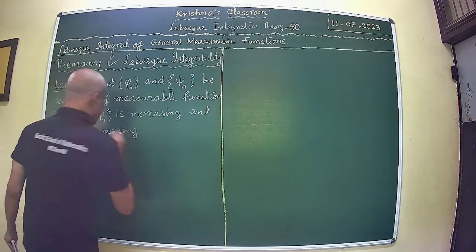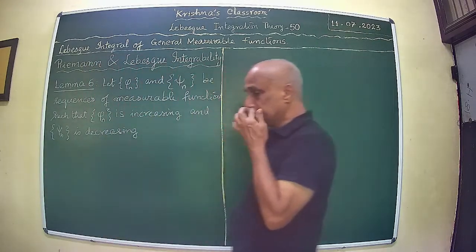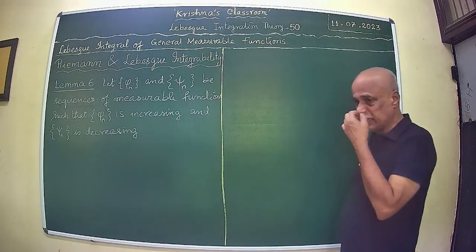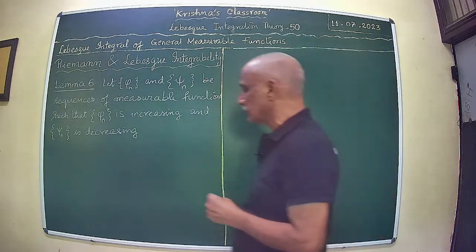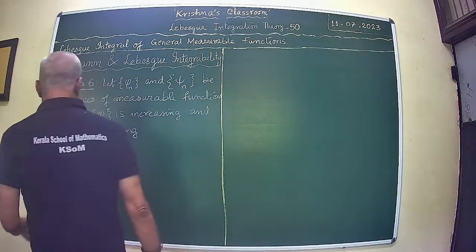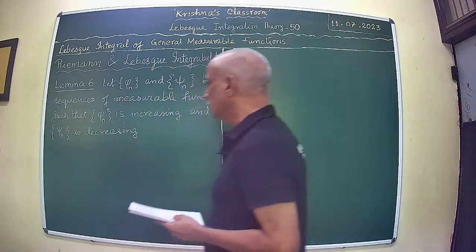So what we have is two sequences, one phi n and the other one psi n. Phi n is an increasing sequence, they are all measurable functions, and psi n is a decreasing sequence.